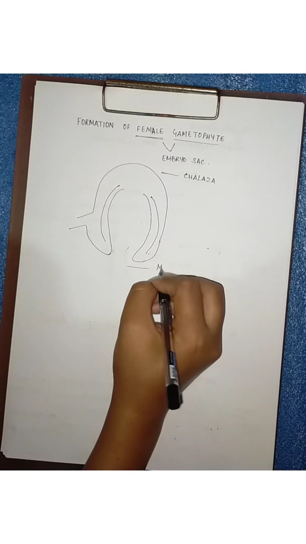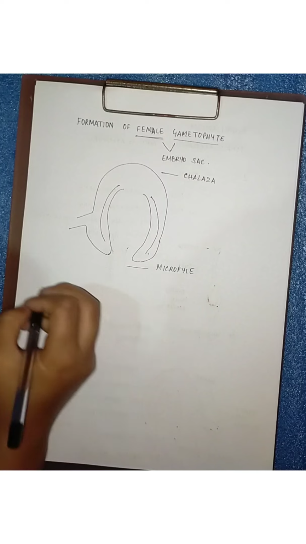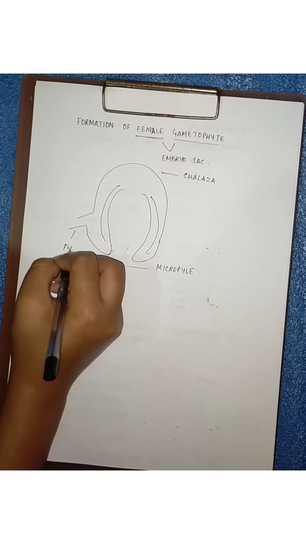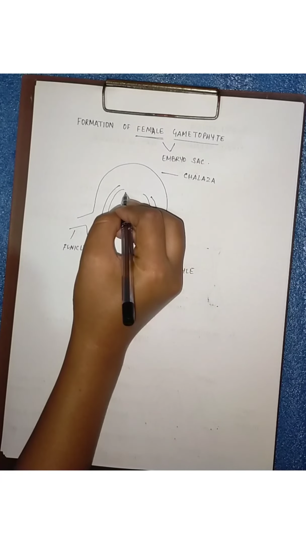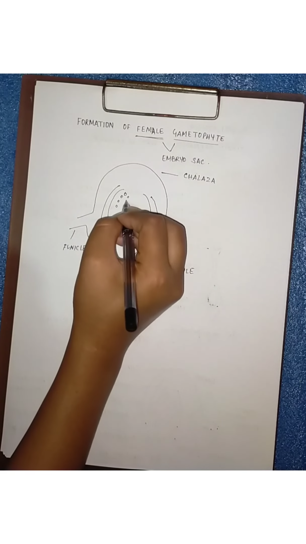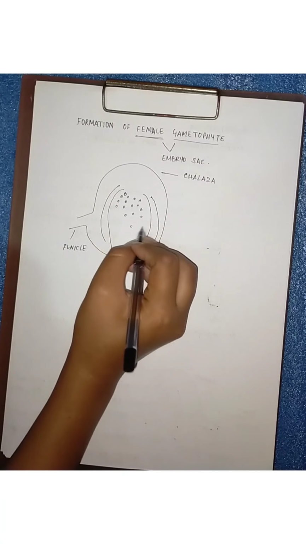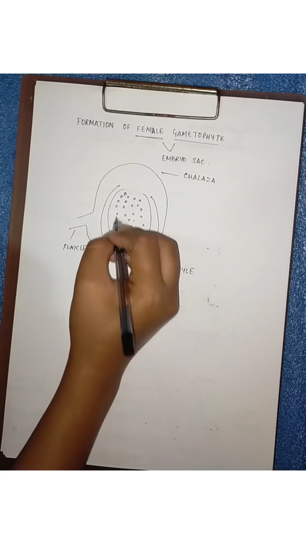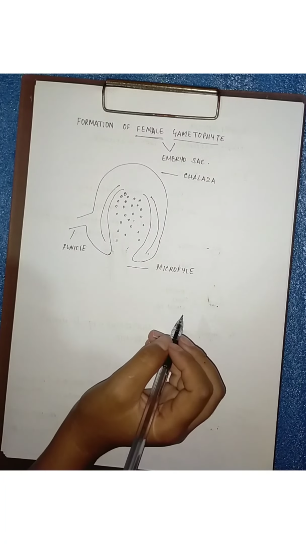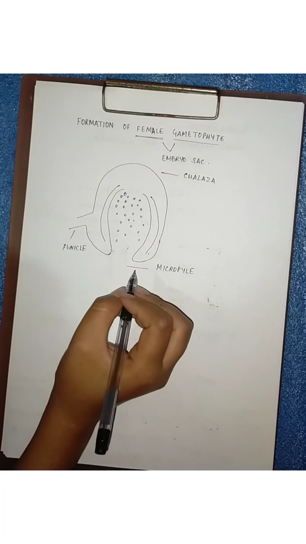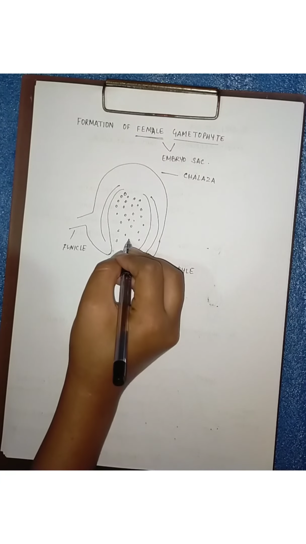This is the micropyle. So this is the funicle. So here inside this ovule are the nucellar cells. In our last class I told you that one of the nucellar cells which is present towards the micropyle becomes bigger.